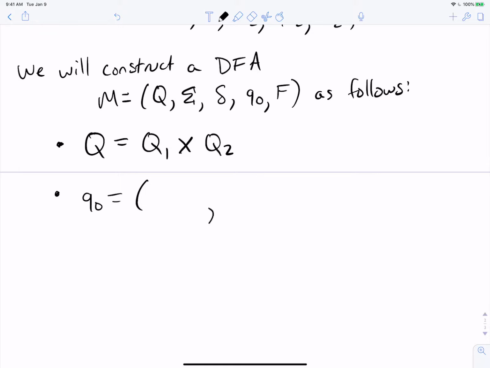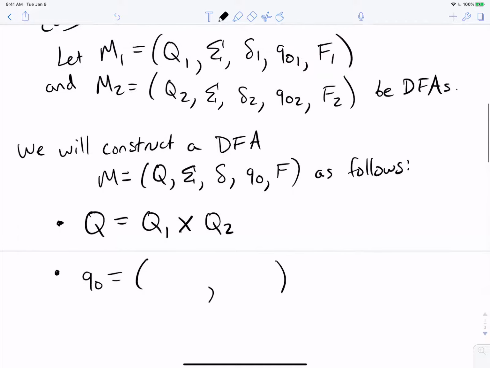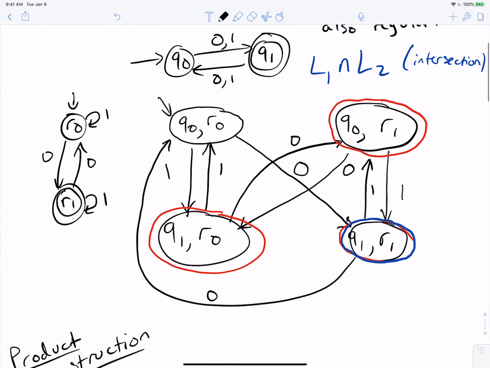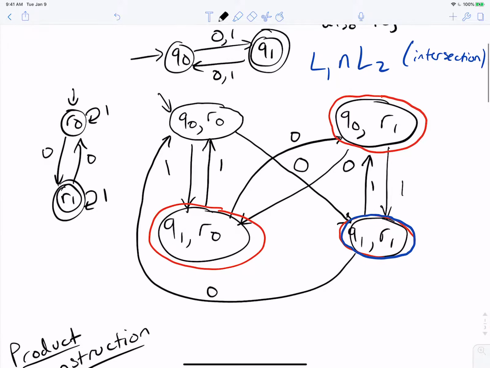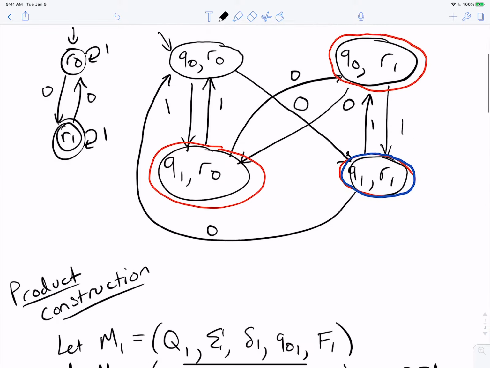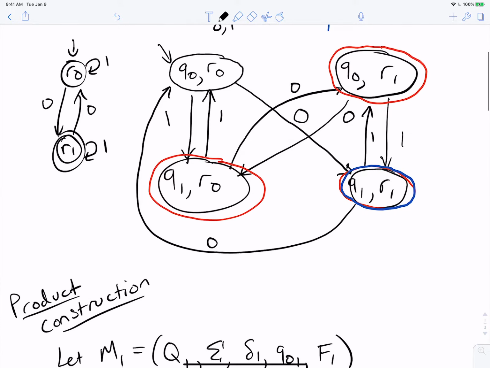So it must be an ordered pair, meaning it has a state from the first machine and a state from the second machine. Well, how did we find out what was the start state in the machine we made earlier? Right, it's the start states of the original two.